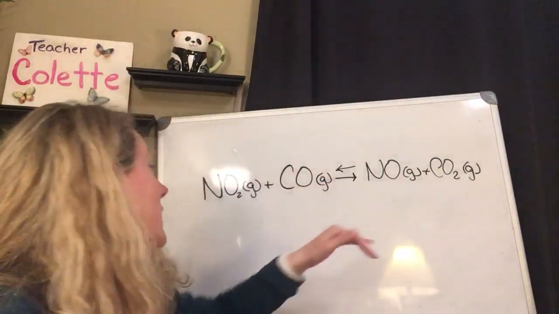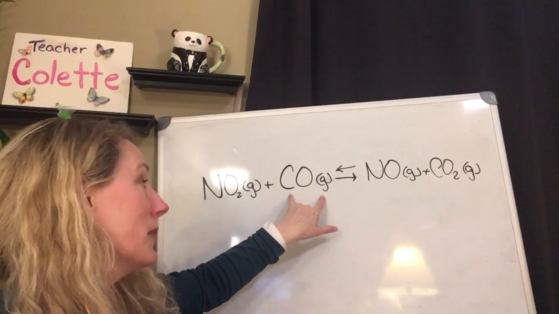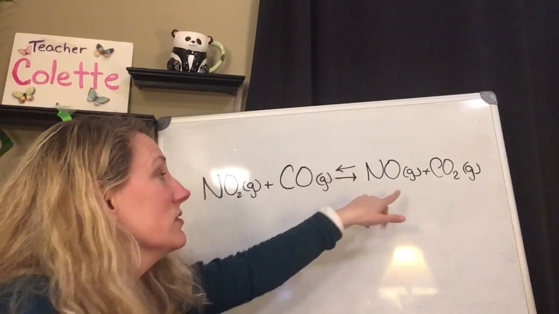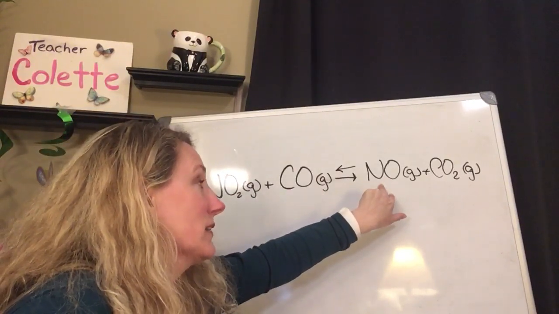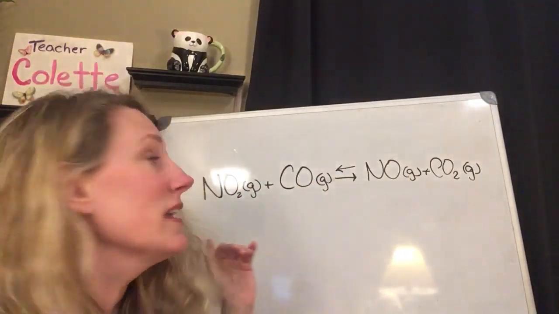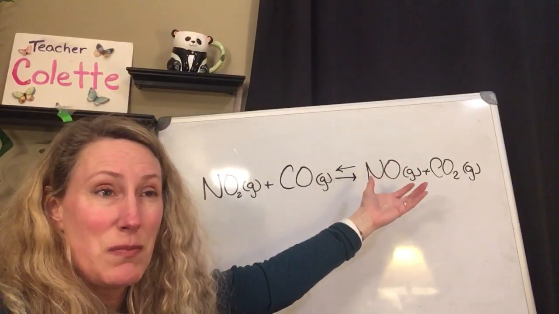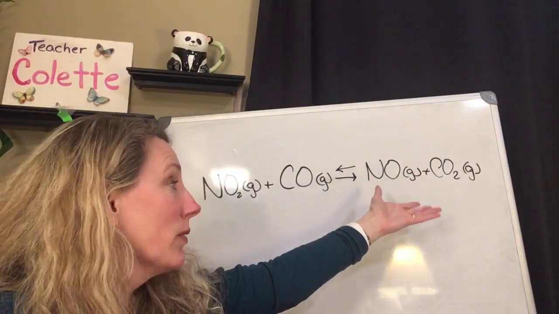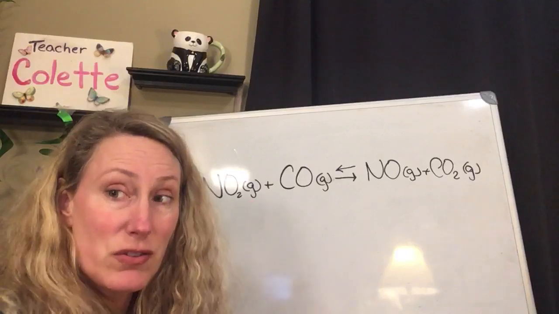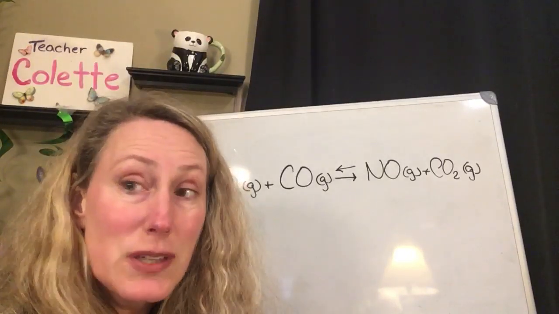In this reaction, NO2 gas plus carbon monoxide gas turns into nitrogen monoxide and carbon dioxide. They're all gases. As the forward reaction goes, once you start to make some products, the reverse reaction also goes. And when it happens at the same rate, that's called equilibrium.